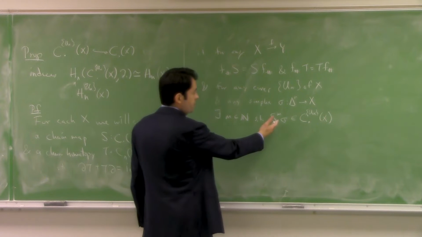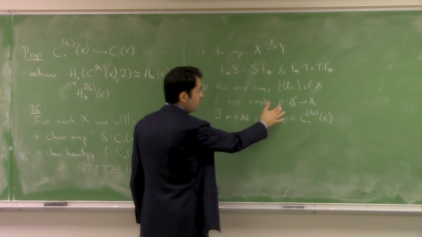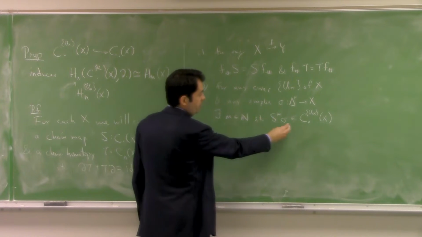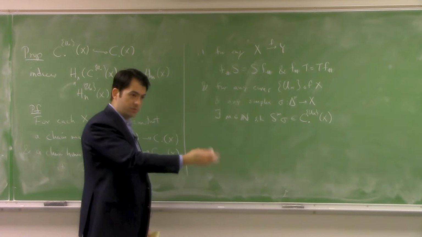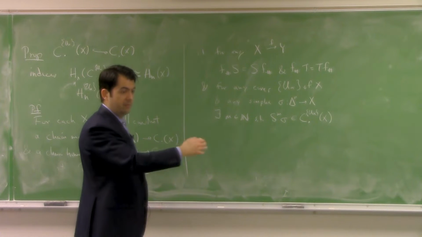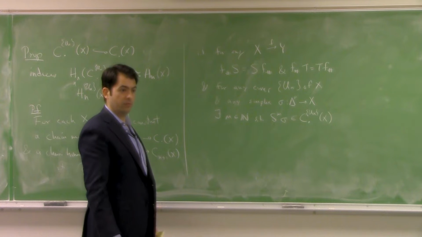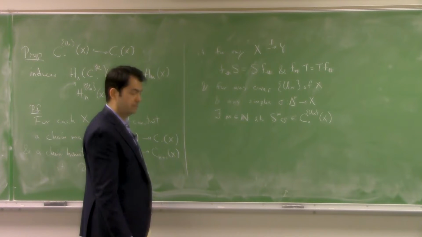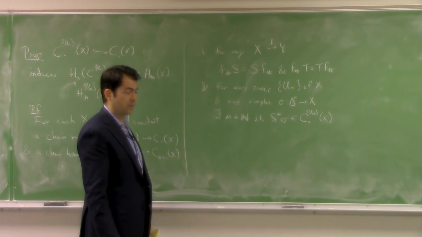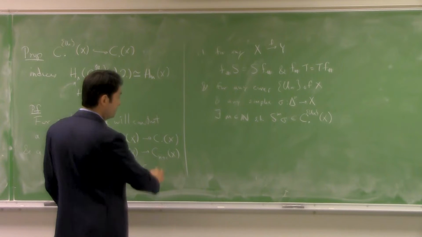So if you give me any simplex, then subdividing that enough times, I end up with something where each subsimplex maps into the interior of one of these sets. Okay, so that's what we're going to do.